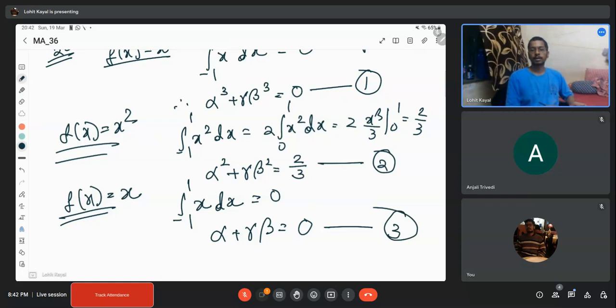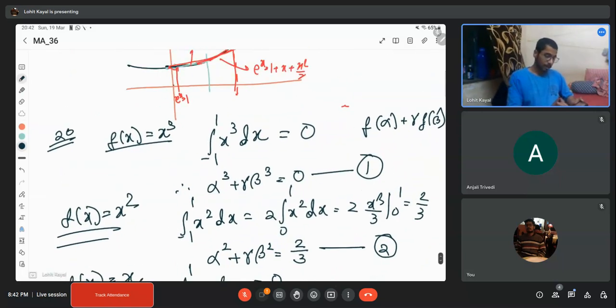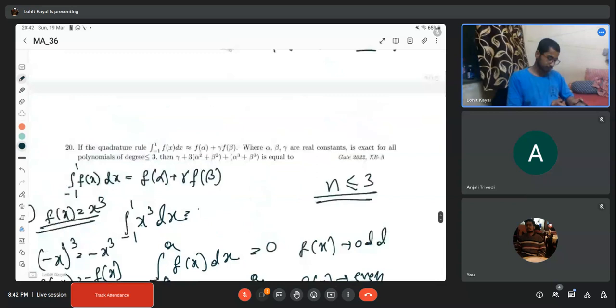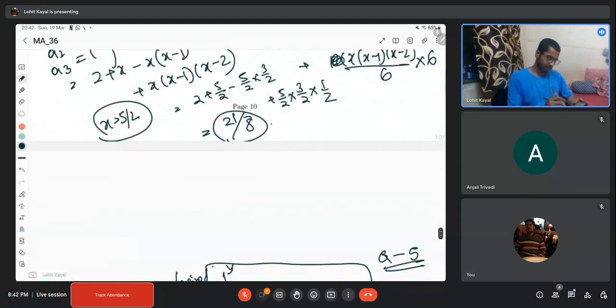So one thing you can do is solve the problem from here. You don't need anything else: alpha, gamma, beta, three equations here. But I don't want to solve this in this manner, because in the question I am told that I need to find an expression. What is the expression?